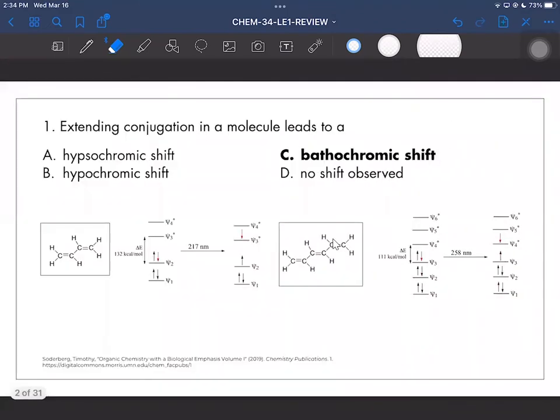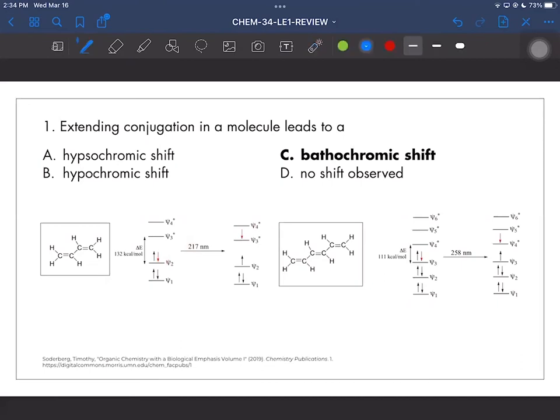So let's start with the first question ng multiple choice. So in this question, extending the conjugation in a molecule leads to a blank. This leads to a bathochromic shift, and siguro we can understand this better using yung molecular orbital theory natin. So during UV-vis absorption, the energy that we get from radiation is used to promote an electron from the ground state to the excited state.